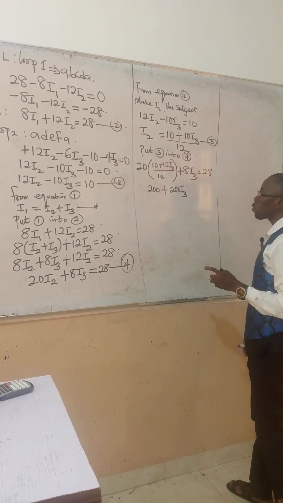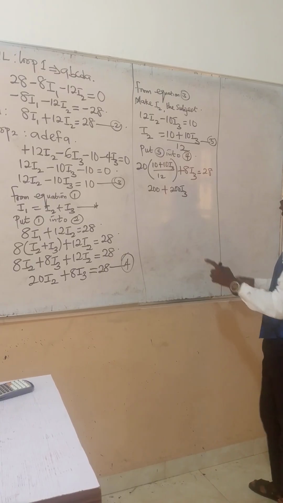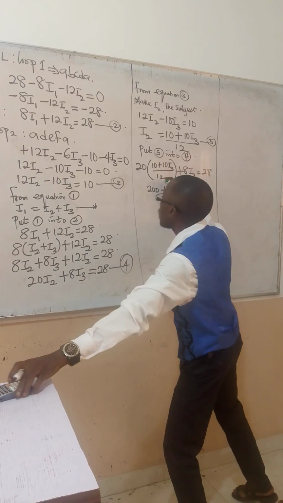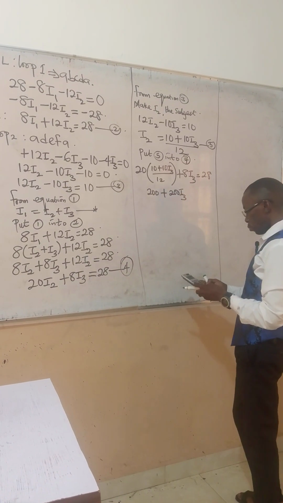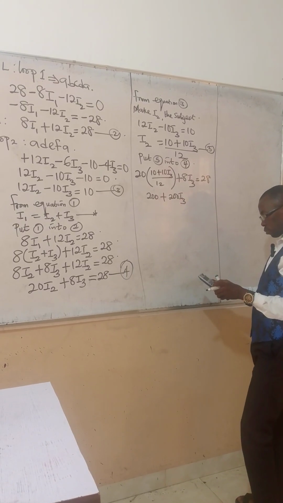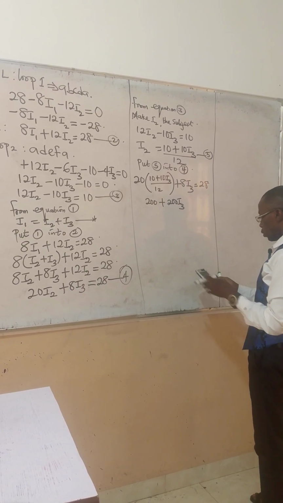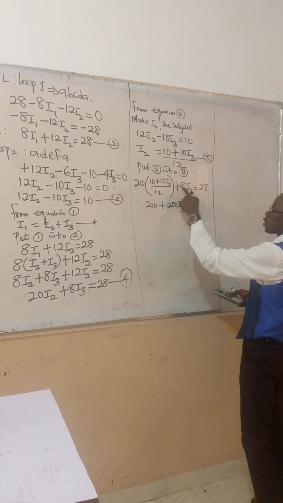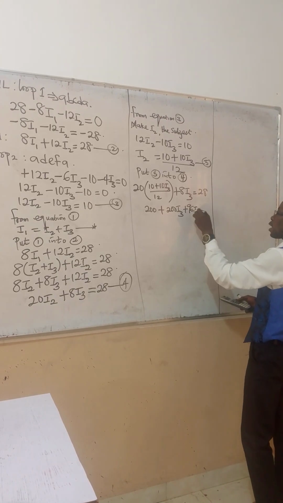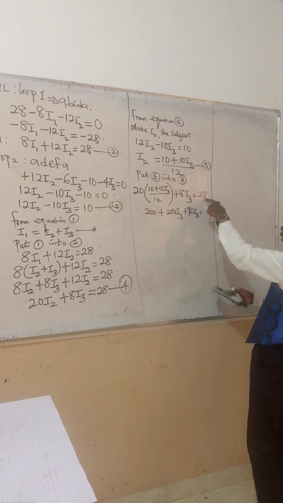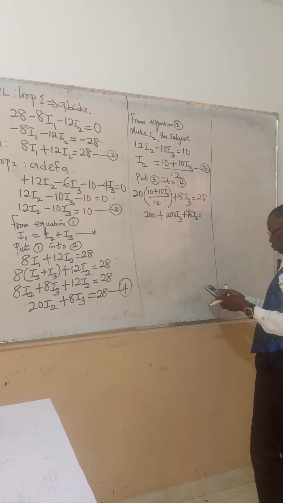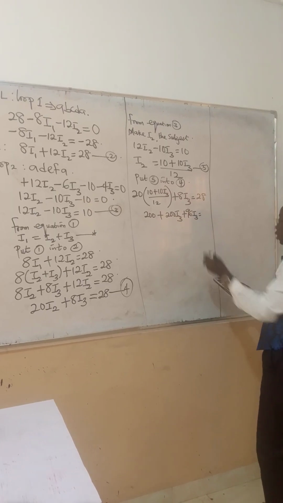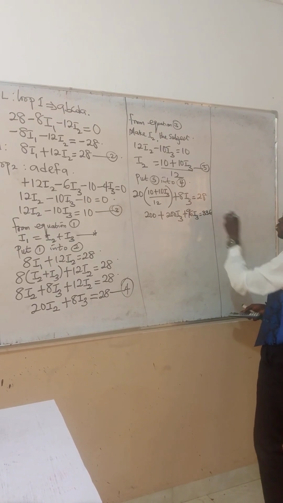To save ourselves from the stress of using LCM, just multiply by 12: 12 times 8 is 96 I3 equals 12 multiplied by 28, which gives you 336.